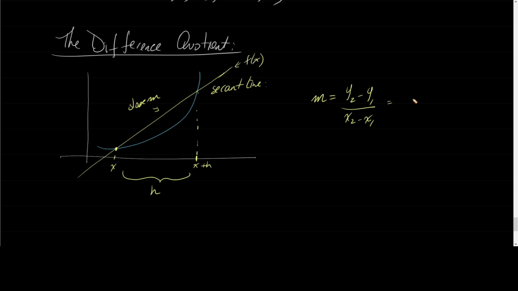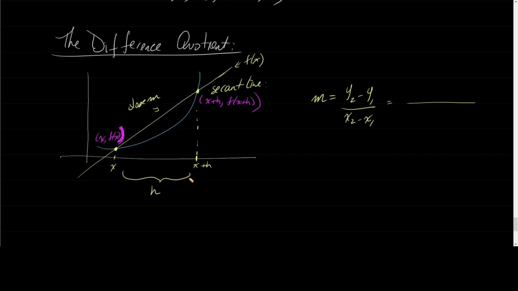This coordinate is x comma f of x, and this right here is x plus h comma f of x plus h.